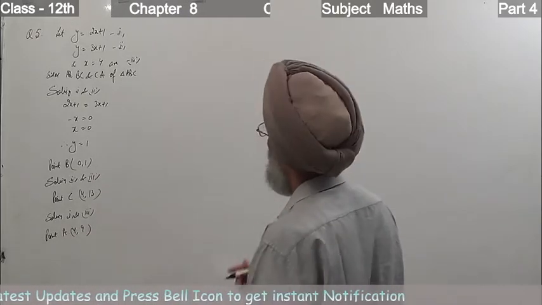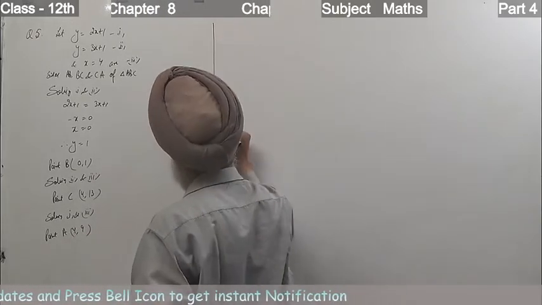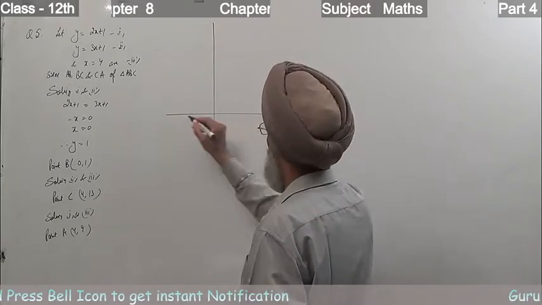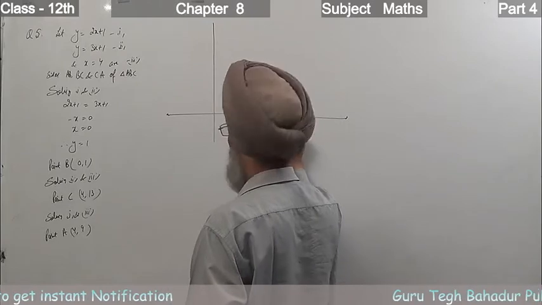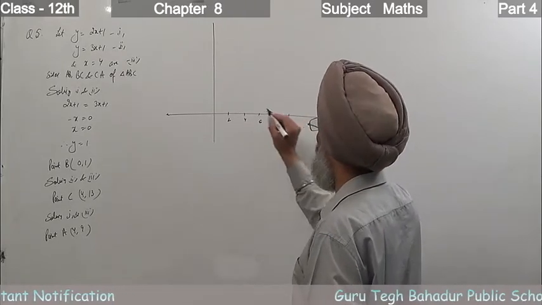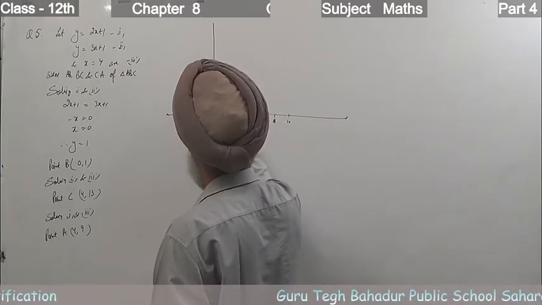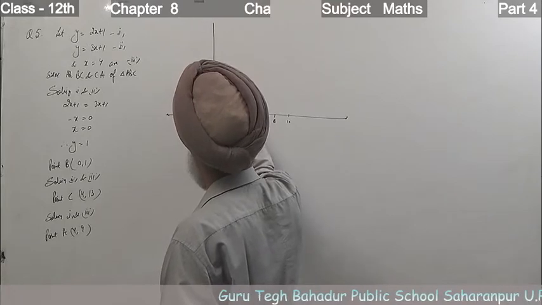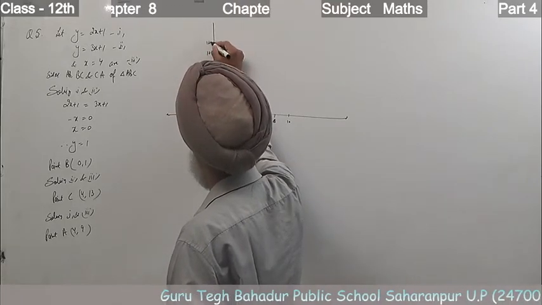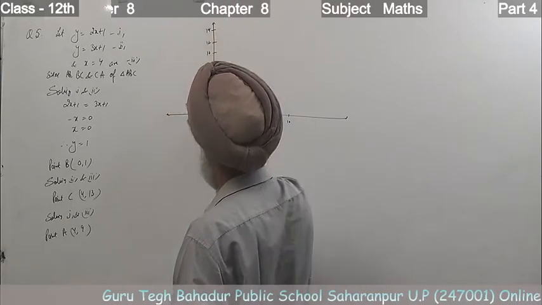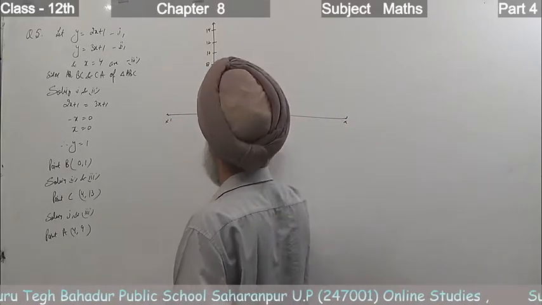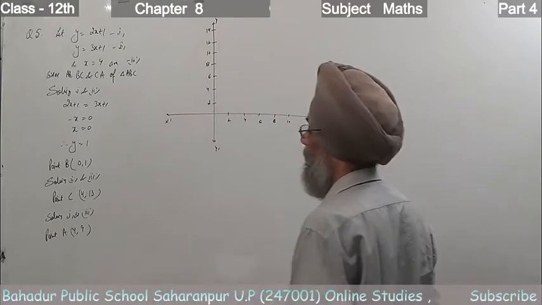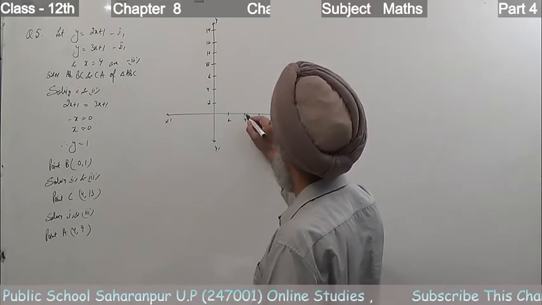So let us plot this. The first point is A, that is 4, 9, approximately here.